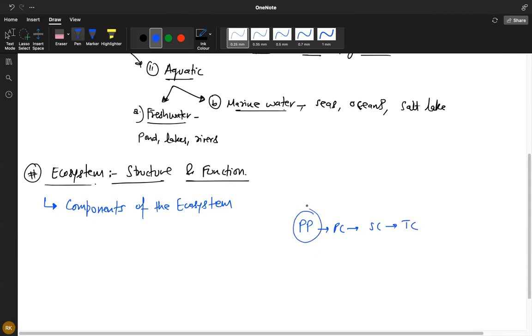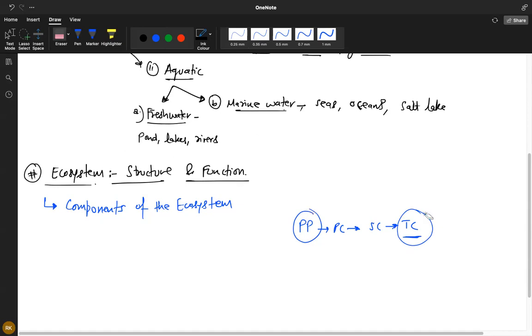But this then has to be unlimited, right? Because according to your components, whatever is going here is staying here. It's not coming back, right? So primary producers have to be producing unlimited resources. But that's just not possible in nature.